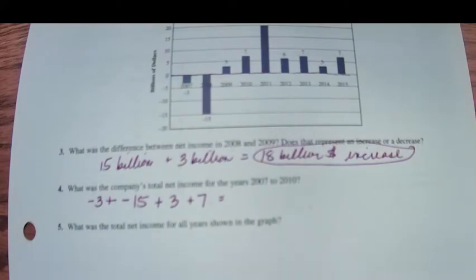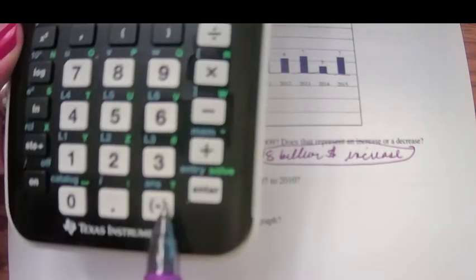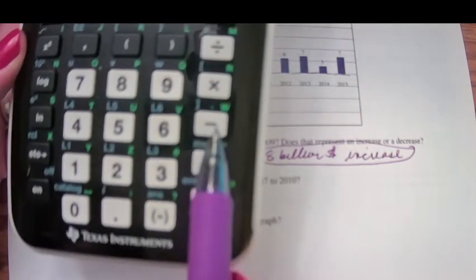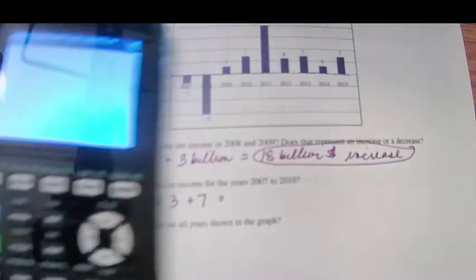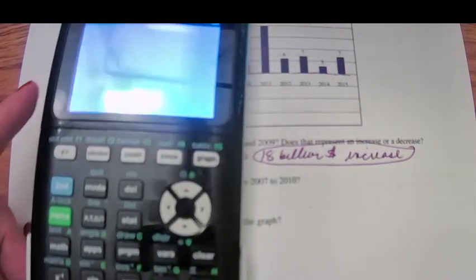So on your calculator, you should know where your negative numbers are. Every calculator is a little different, but on the graphing calculator, this is the negative, this is the subtract, this is the negative. So we're going to do -3 plus -15 plus 3 plus 7.